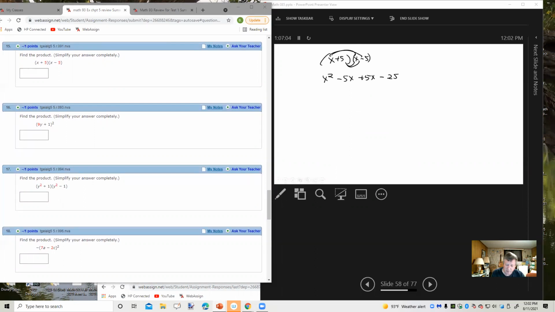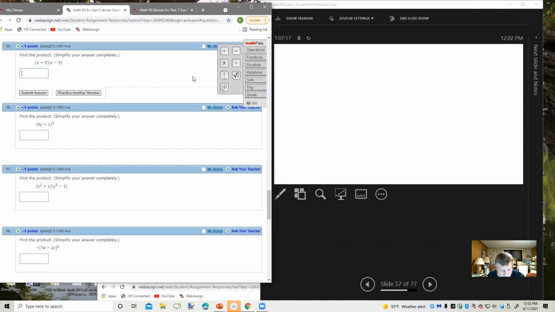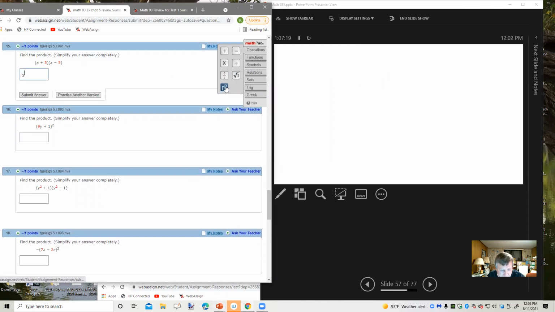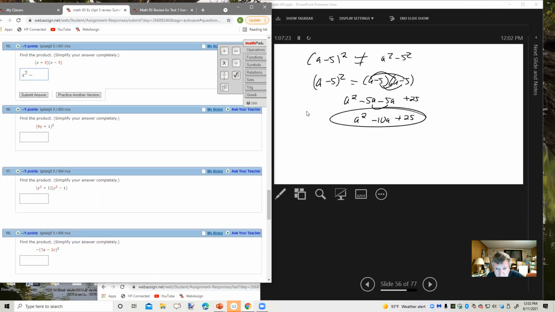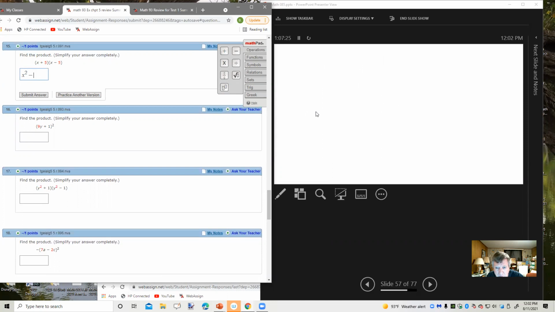But the middle terms cancel out, and we get the difference of two squares. Notice that we're multiplying what is called a conjugate pair, the sum of two numbers times the difference of two numbers. So x squared minus 25. Okay.